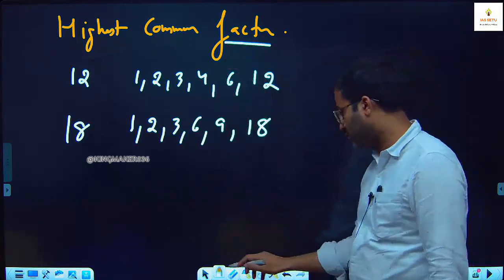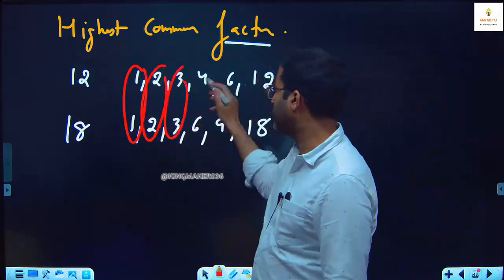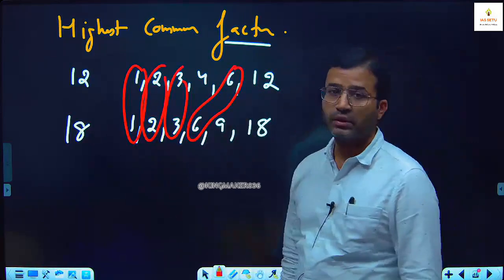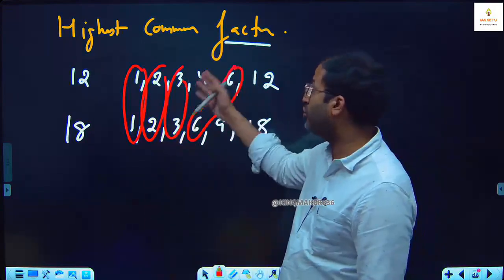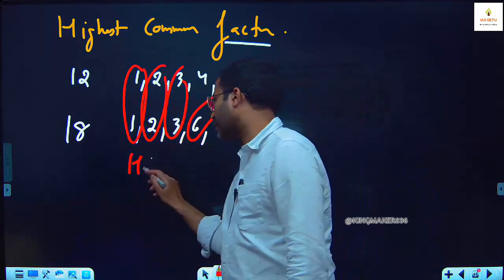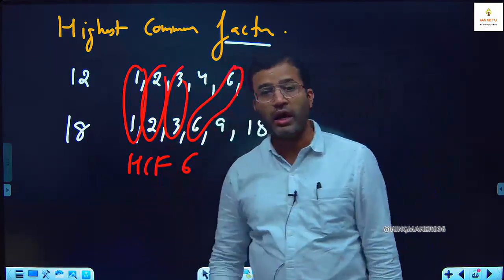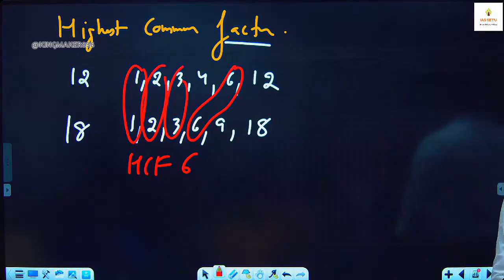Common factors? Common factor क्या क्या? 1, 2, 3, 6. What is the word? Highest common factor. Tell me out of these common factors which one is highest? 6. So 6 is your HCF. Highest among the common factors is known as highest common factor.